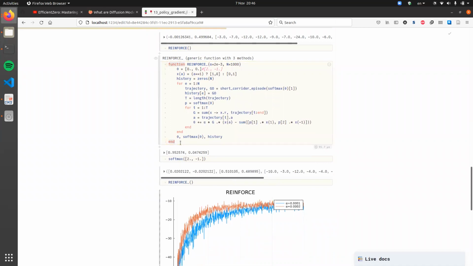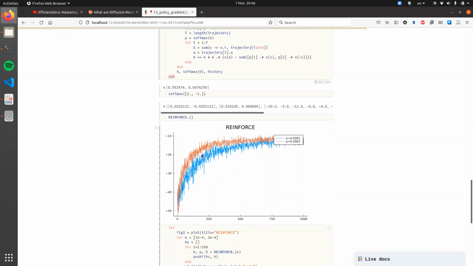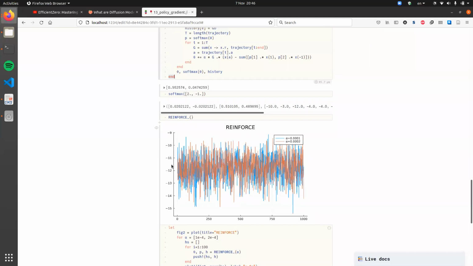So let's just run it and see what it gets us. You can see that by starting with theta equal to 0, we are already quite close to the optimal policy in terms of the return.